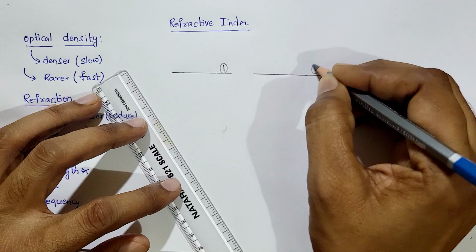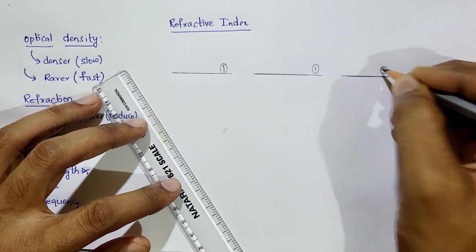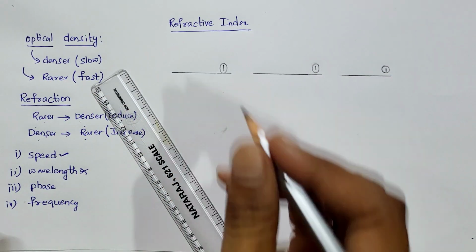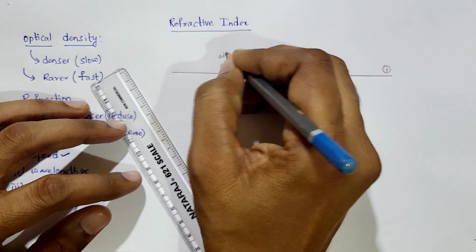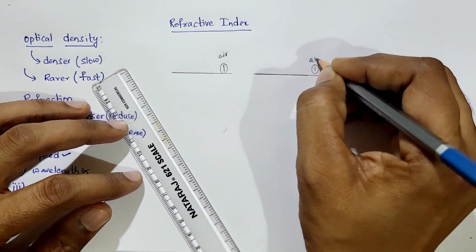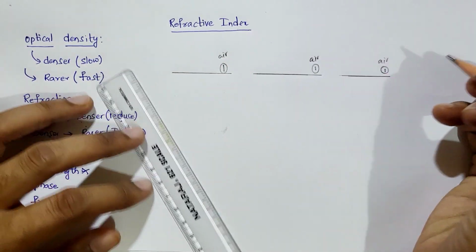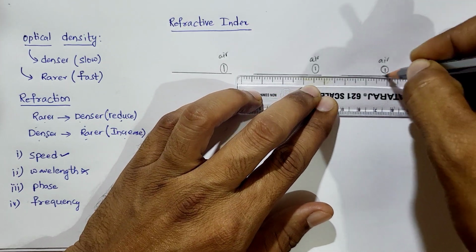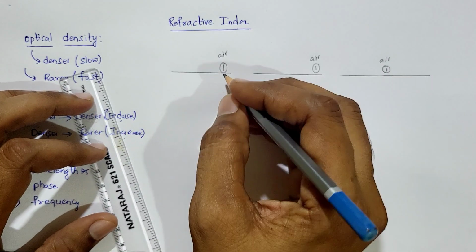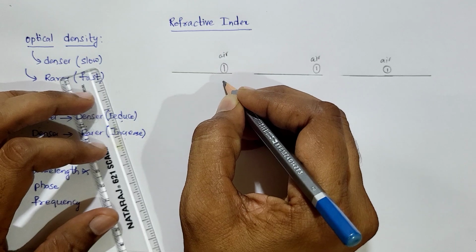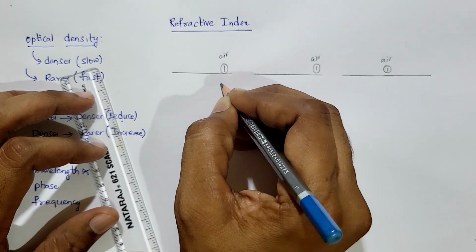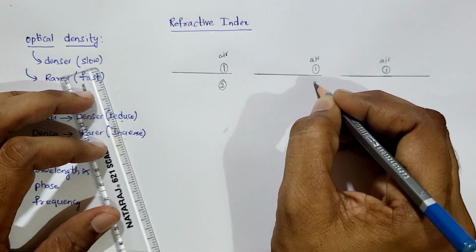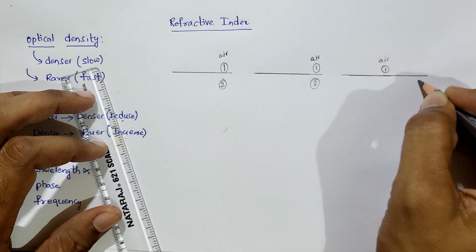In all three cases, the first medium is air only. I will write air here. This is also air, and this is also air. Second medium, I will take as medium 2, this is medium 3, and this is medium 4.